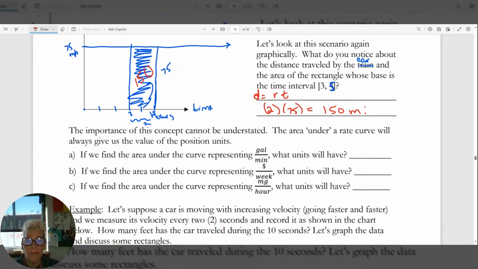So the importance of this concept cannot be understated. The area under a rate curve will always give us the value of the position units.